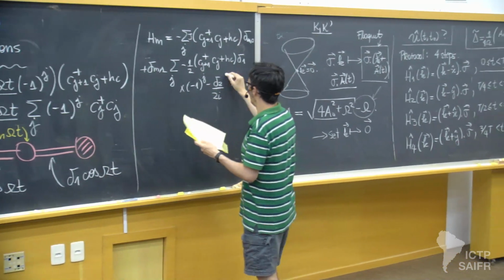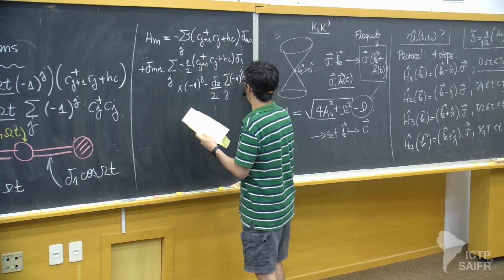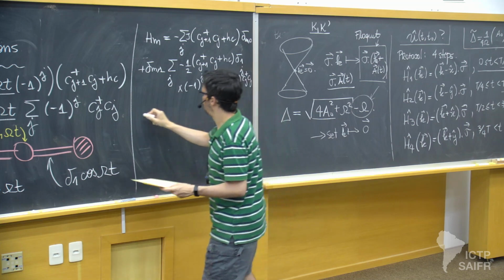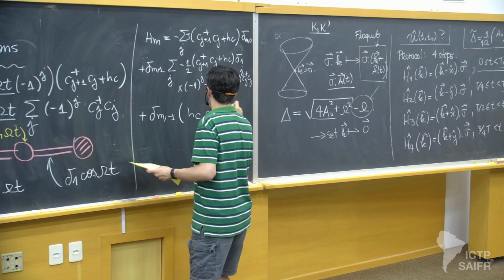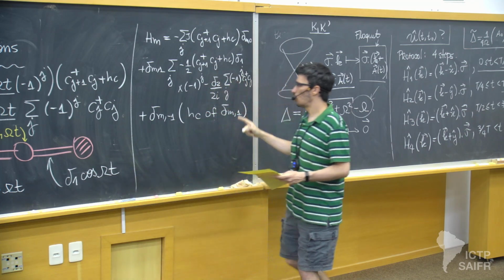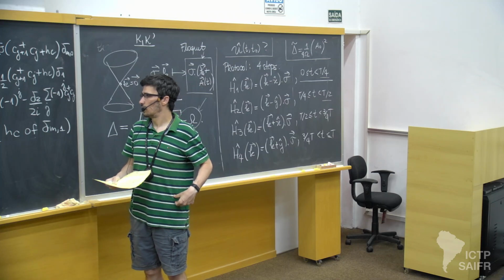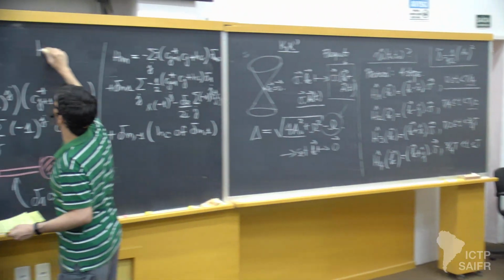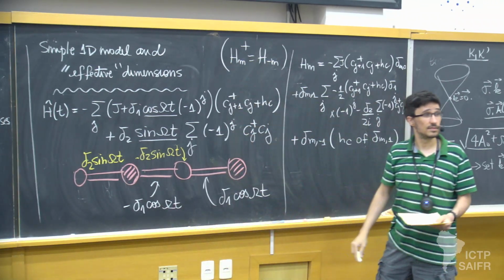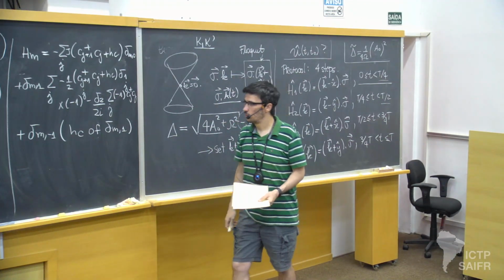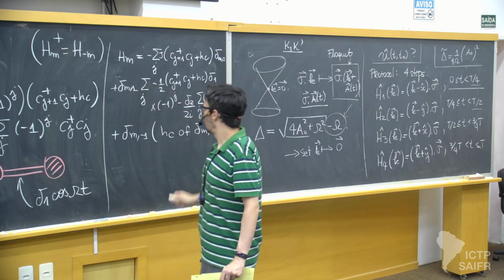Delta 2 by 2i, sum over j, minus 1 to the power j, C_j dagger C_j, plus delta_{m,-1}, Hermitian conjugate of delta_{m,1}. Okay? Recall that m and minus m are related by Hermitian conjugation. You can recall that in order for the entire Hamiltonian to be Hermitian, this is always the case. All right, so we had the one-dimensional chain, and now we have.